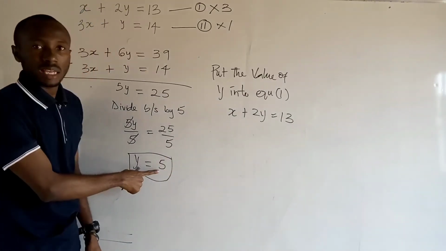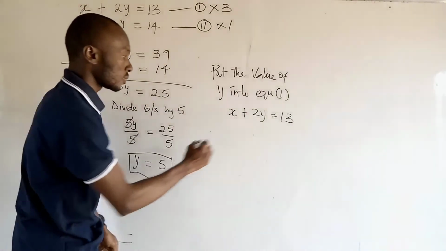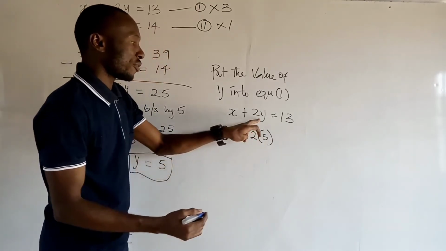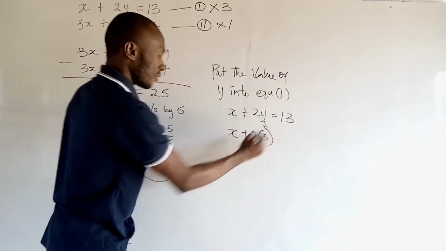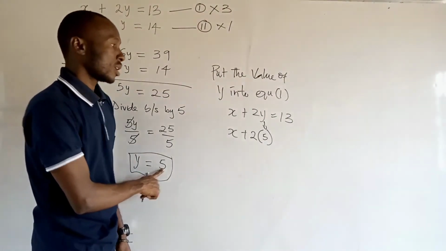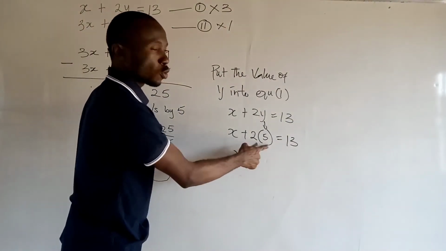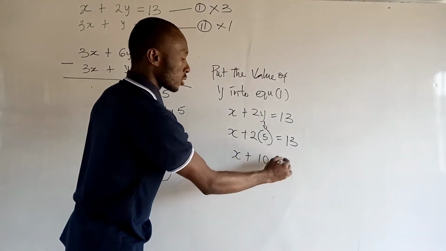Now the value of y is 5. See how I'm going to do it right now. So I have x plus 2 into 5. Instead of putting y, we replace it with the value of y, which is 5. So we have x plus, this is 2 times 5, which is 10, equal to 13.